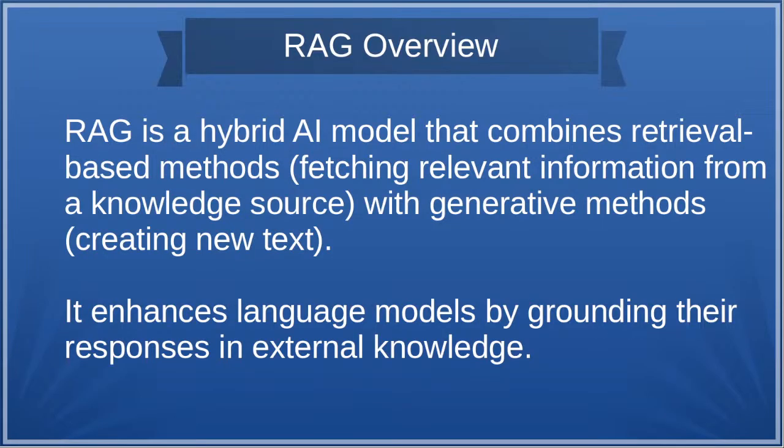RAG is the process of combining both things, particularly augmenting that generative process by fetching the relevant information from the knowledge source. That is why it is called retrieval augmented. So basically, it enhances language models, LLMs, whose accuracy and reliability can be improved by grounding them.